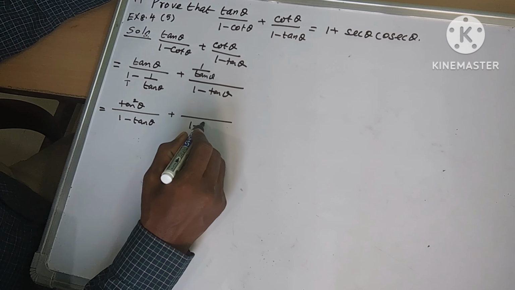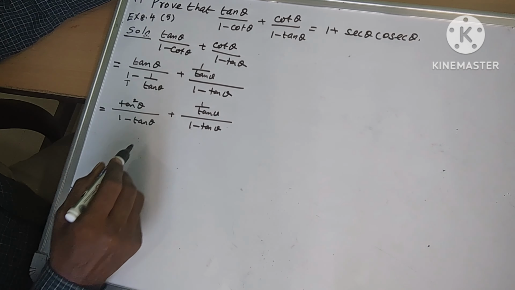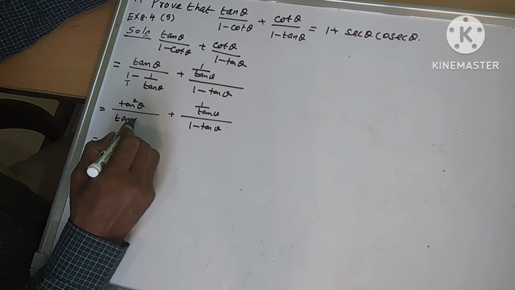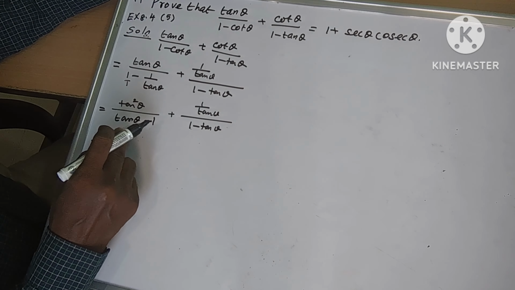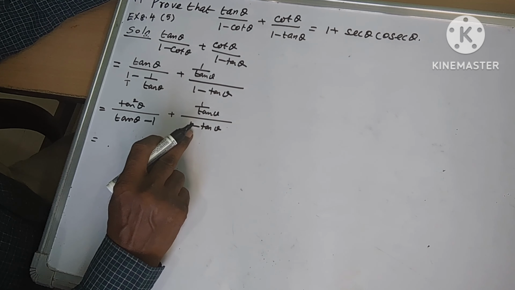Here is 1 minus tan theta by 1 by tan theta. Now the denominator is tan theta minus 1 by tan theta. The denominator here is tan theta minus 1, and here is 1 minus tan theta.